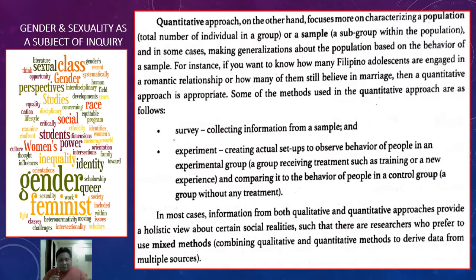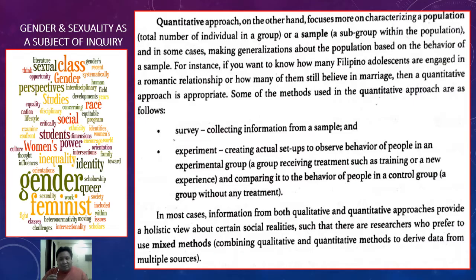Creating actual setups to observe the behavior of people in an experimental group, a group receiving treatment such as training or a new experience, comparing it to the behavior of people in a control group, which means a group without any treatment.